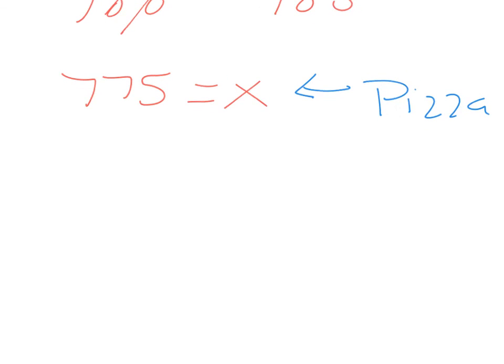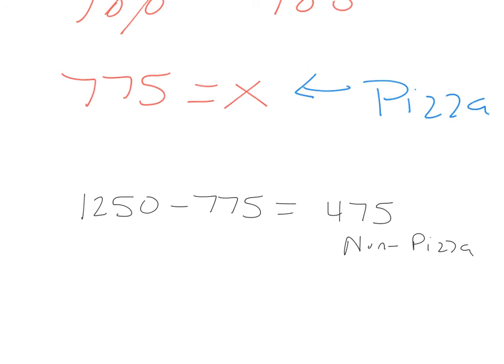So I'm going to take the 1,250 students that are in the building. I'm going to subtract off the 775 pizza lovers, and I am going to find out that 475 students do not like pizza. So this is the non-pizza lovers. Okay, this guy right here is the pizza lovers.